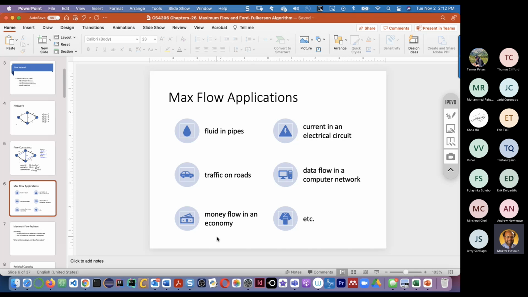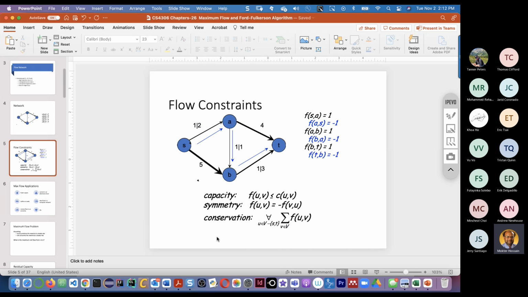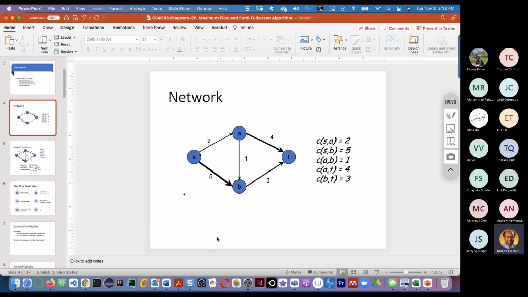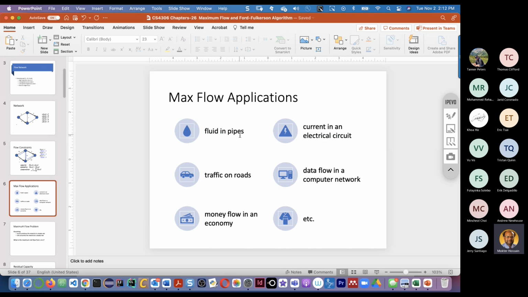So in real life, for instance, if there is a pipe and some fluid like gasoline or petroleum passes through the pipe from one place to another place, right? So how does the fluid pass in the pipeline? As long as its maximum capacity, it can pass, right?